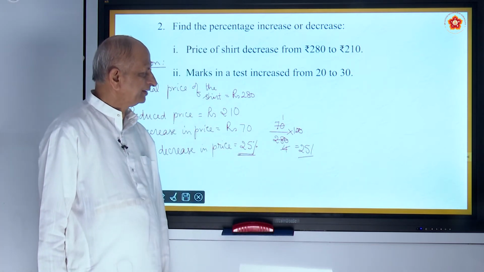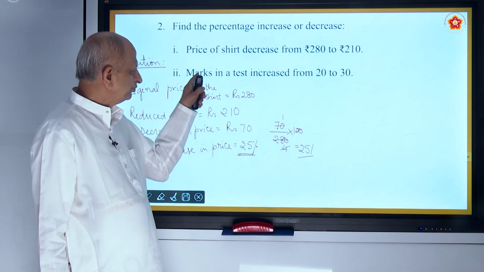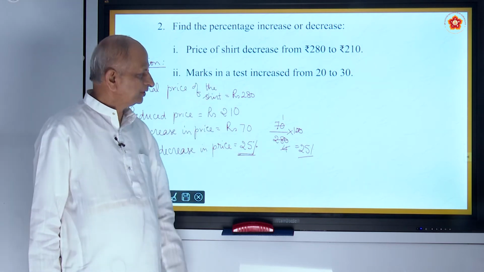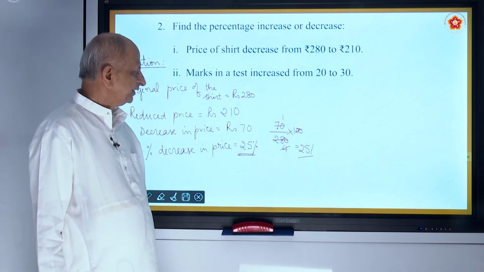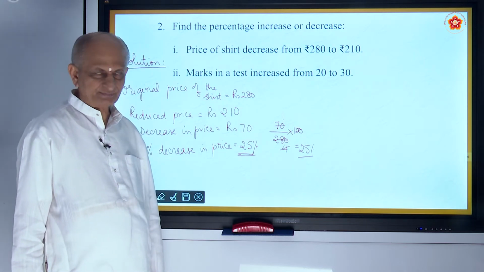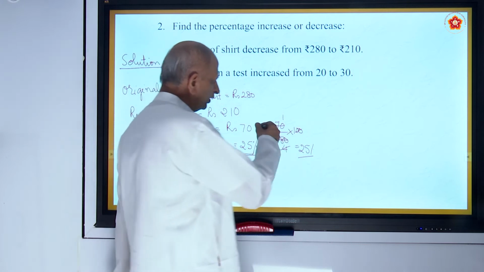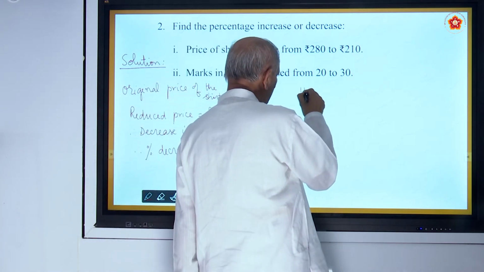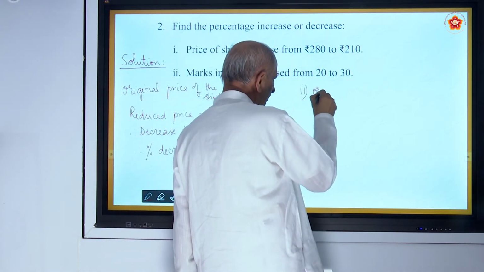Very simple question. Now coming to increase. Marks in a test increase from 20 to 30. So note down this, second question, original marks.